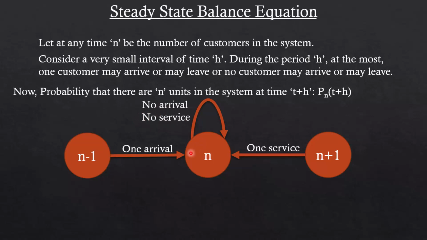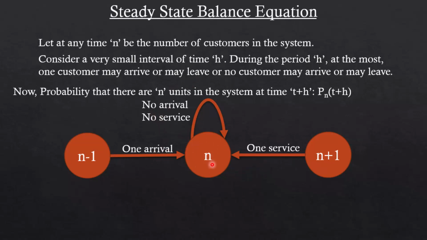If that is the case, then we have two events taking place, one arrival and one service, which we prohibited earlier by saying that during the small interval of time at most we can have one arrival or one service. So that's why we will not take it into account, and we can take only these three conditions.